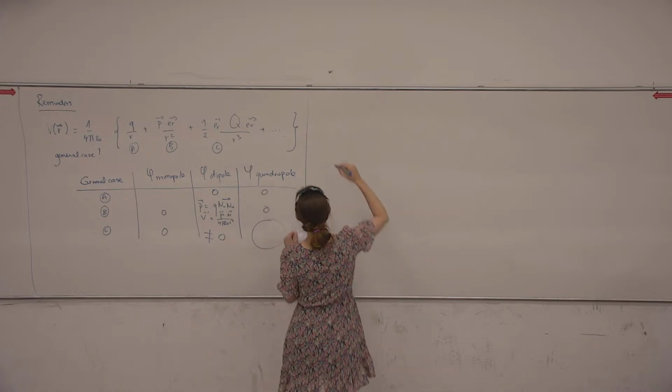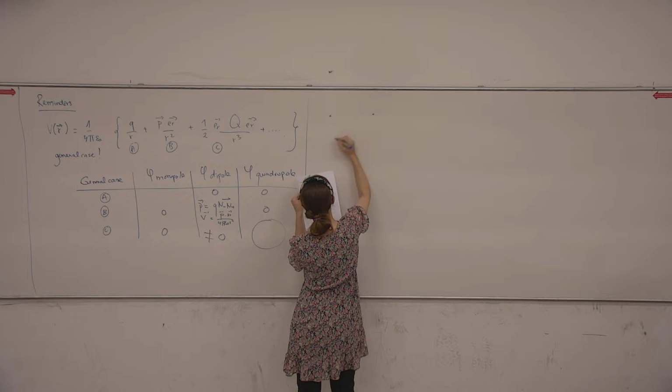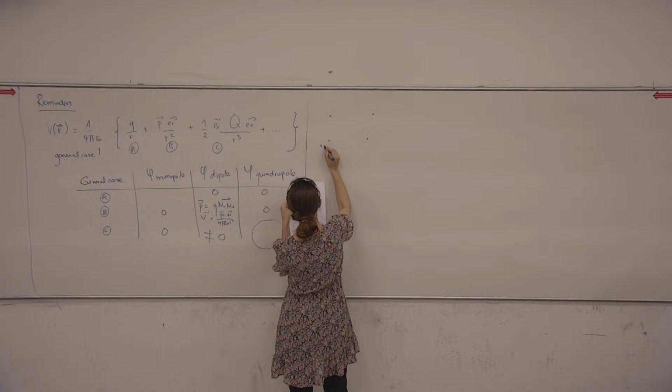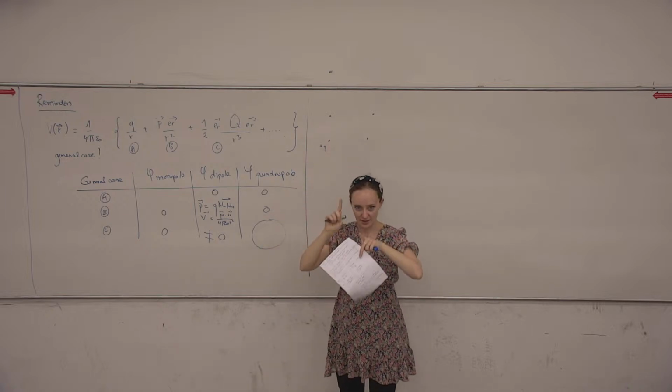So let's start with the physical quadrupole. I remind you that a physical quadrupole is just two alternating dipoles.